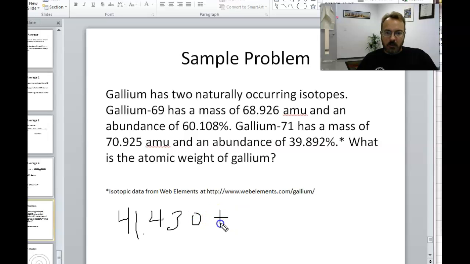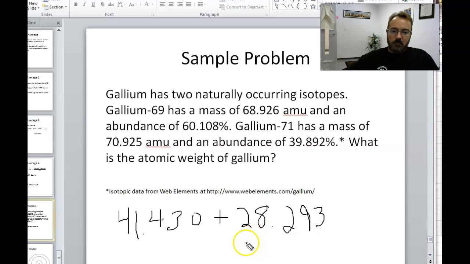Okay, and the second isotope is going to give us a contribution of 28.293.